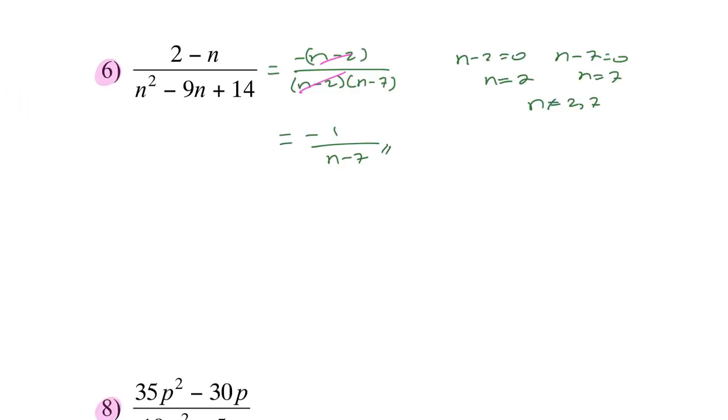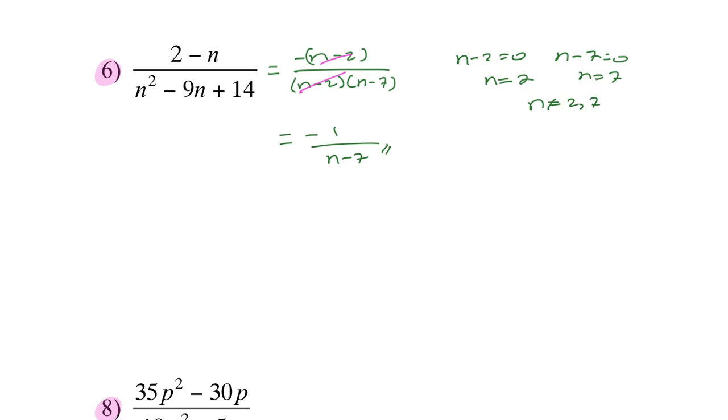Number 6 has a small difference right here, right? Because if I factor down here, I get n minus 2 and n minus 7. Whenever this happens, that both of them are opposite. Up here you have n as negative, down here we have n as positive. Then 2 is positive here, down here it is negative. I can just factor out a negative, and then that's going to be n minus 2, because now the 2 that was positive is going to become negative, and the n that was negative is going to become positive.